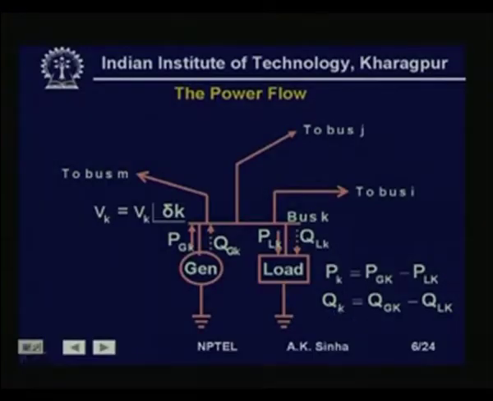For that bus, Pk, we have no generation, that is, Pgk is 0, so Pk is equal to minus PLk, and similarly Qk is equal to minus QLk. So, loads can be considered as negative injection, that is, loads draw power out of the bus, whereas injections are considered positive when they are into a bus.